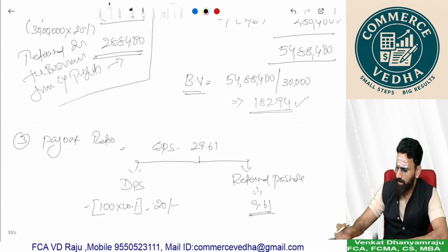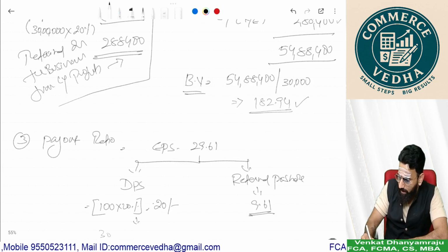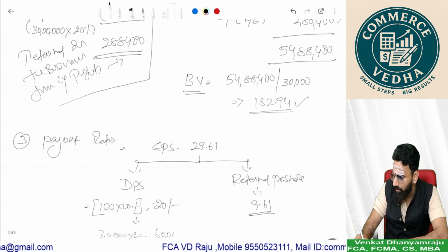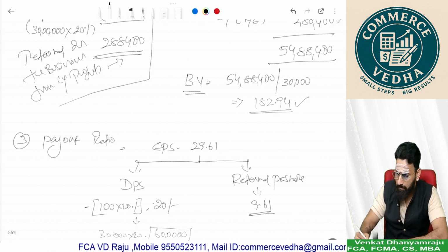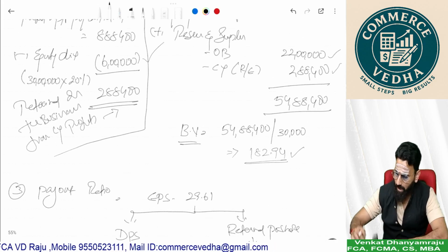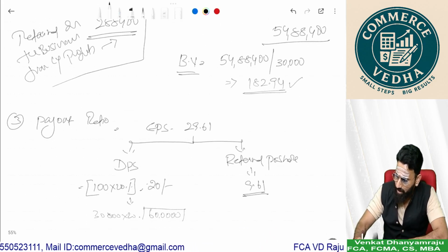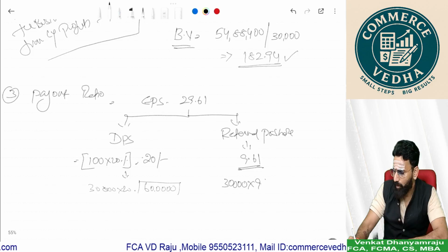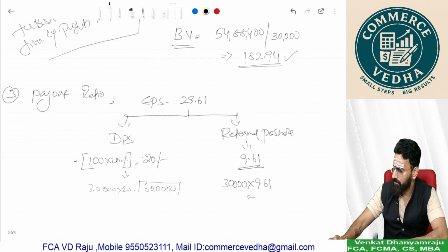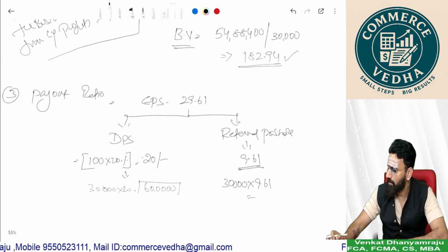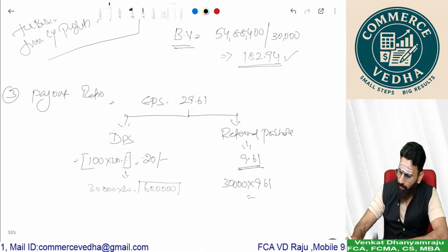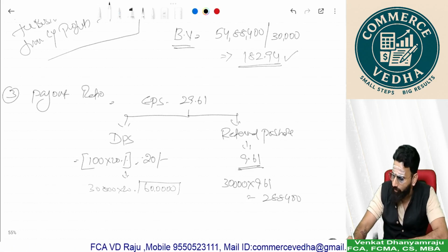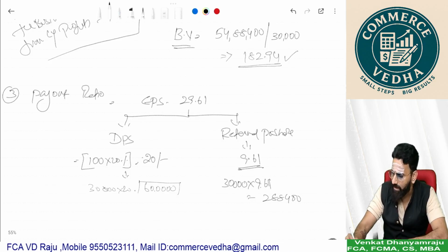If you calculate, 30,000 shares into 20, 6 lakhs is the dividend paid, and 30,000 shares into 9.61, you retained the balance 2,88,400, rounded off because it is not 0.61, it is more.